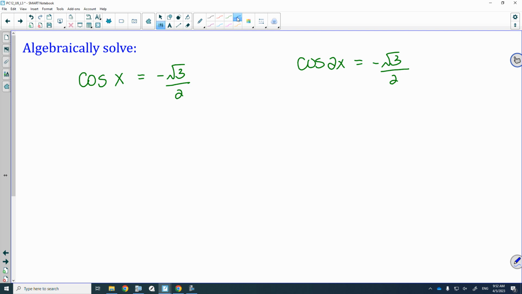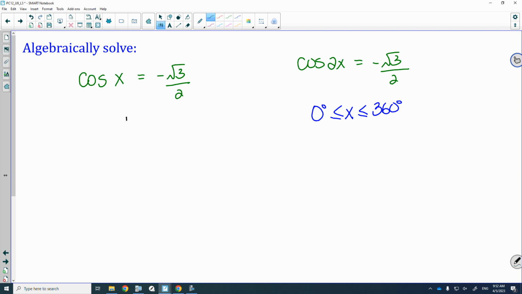The domain restriction we were originally given was x is less than or equal to 360, greater than or equal to 0. Okay, so this is what we're used to solving, right? We solved this in Trig 1.